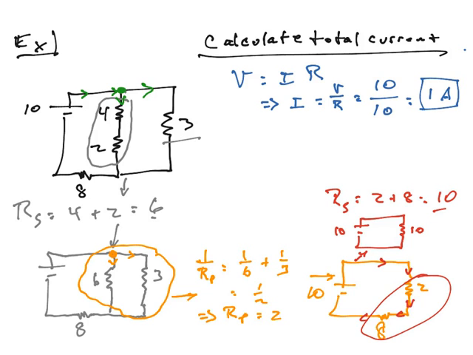And the best way to get good at this is to practice as many different circuits as you can find. Because whether this 8 was on the bottom there, or if I drew it up here on top, it's the same circuit. Or if the 3 was on this branch and the 4 and the 2 were on that branch, that's the same circuit. It looks different, but it's the same thing.